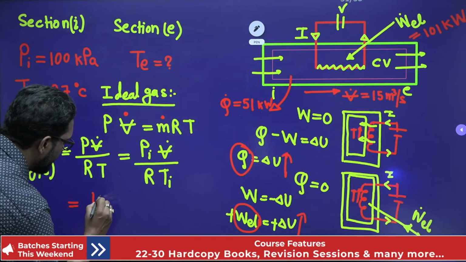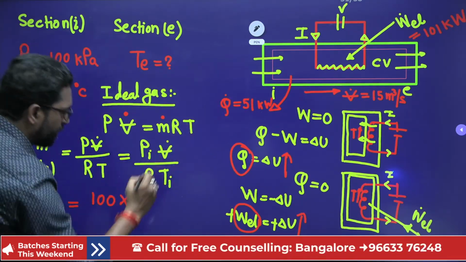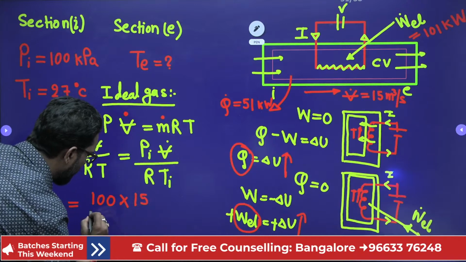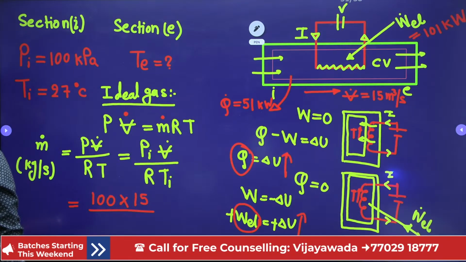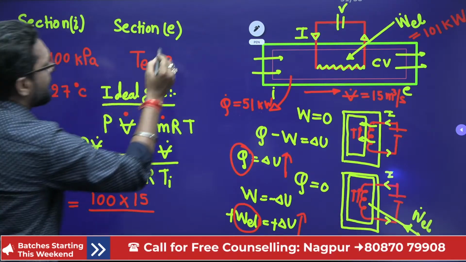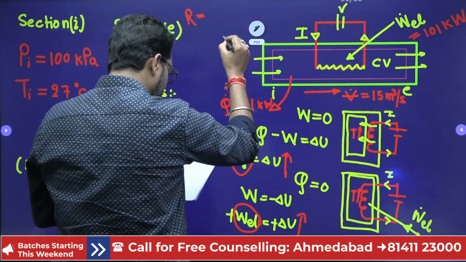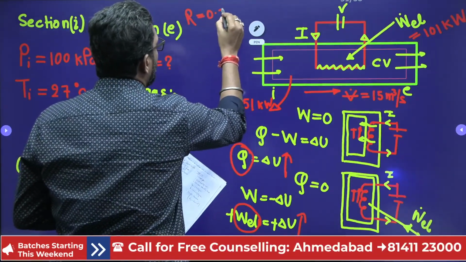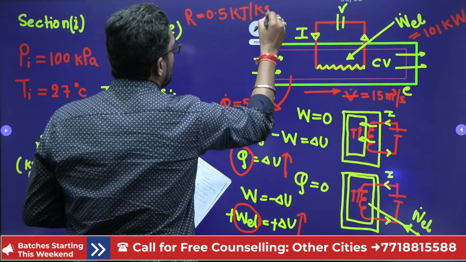So 100 is there. V is 15. R is given as 0.5 kilojoule per kg Kelvin.